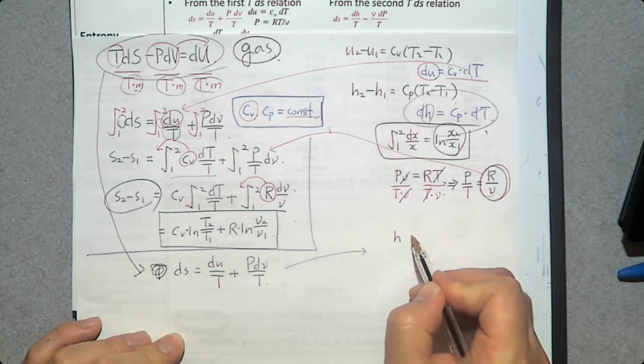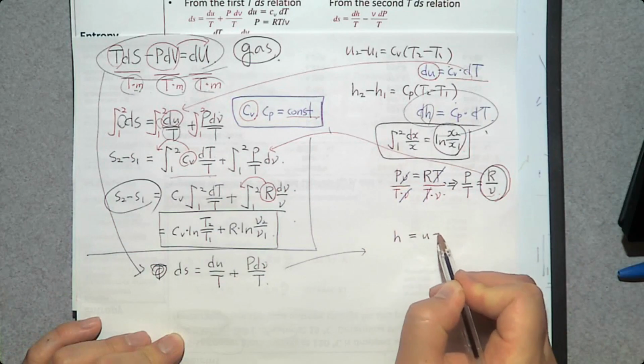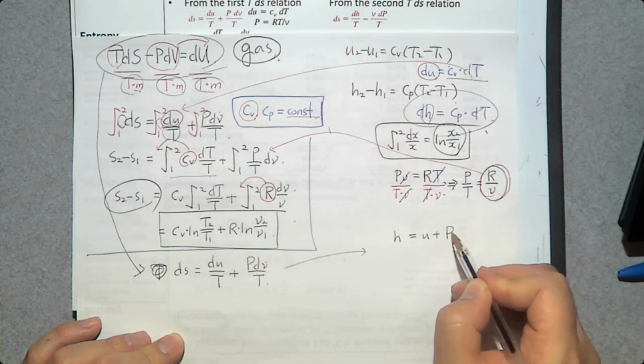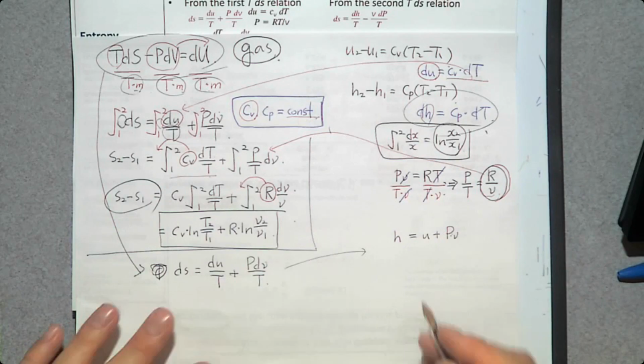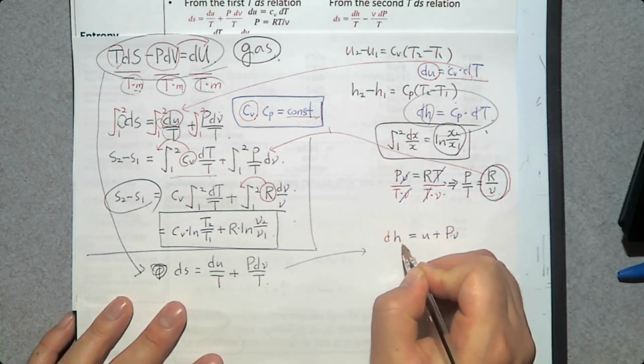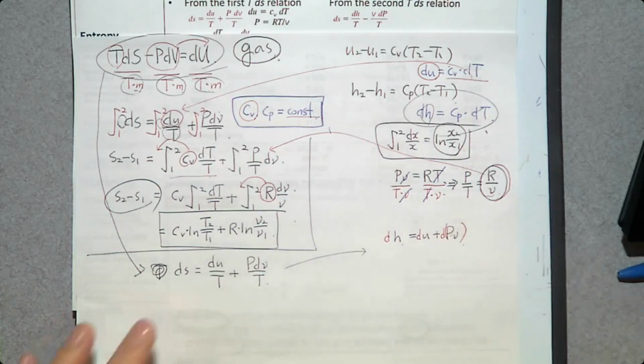By definition, enthalpy H is internal energy U plus flow energy PV, right? What is the differential form of H is U plus PV? The differential form is pretty simple. Add d in front. dH is going to be dU plus d(PV).